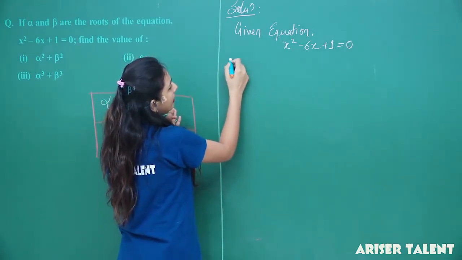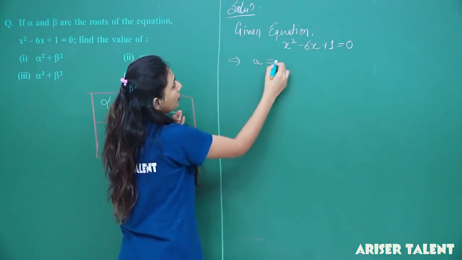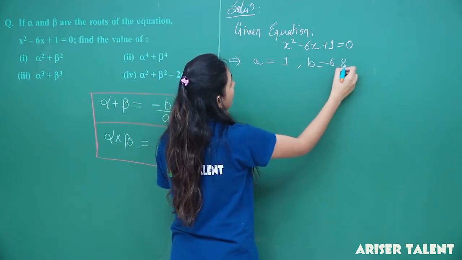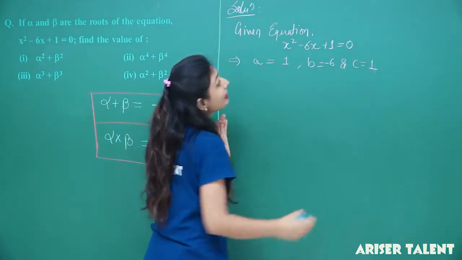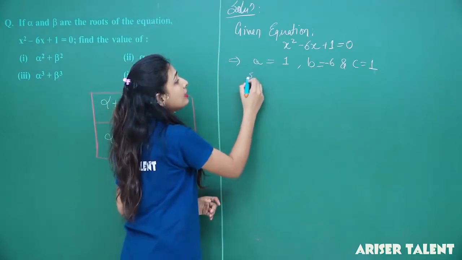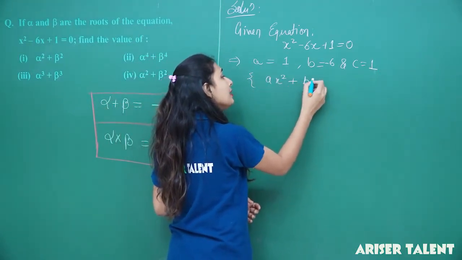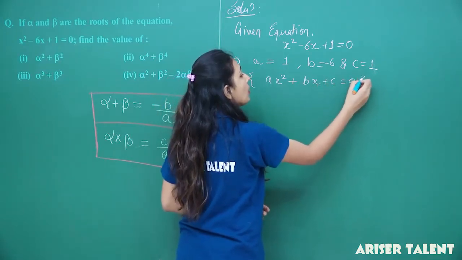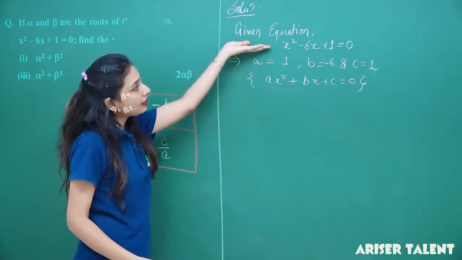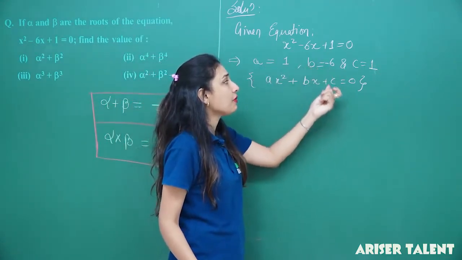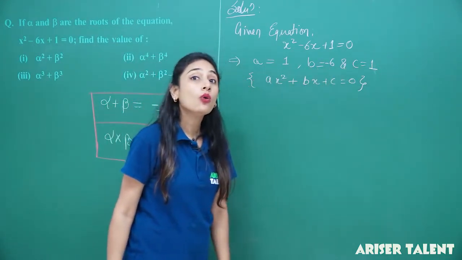So, I will write, this implies that a equals to 1, b equals to minus 6 and c equals to 1. How? Because I have compared this particular equation to the standard equation ax square plus bx plus c equals to 0. So, if I compare this equation with the standard equation, I will have a equals to 1, b equals to minus 6 and c equals to 1.